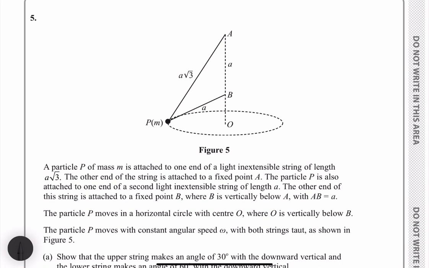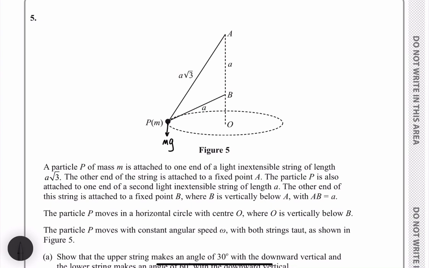Question 5. A particle P of mass m, let me put the weight on straight away, mg, is attached to one end of a light inextensible string of length a root 3, the other end attached at point A. It's also attached to the end of a second light inextensible string of length a, and the other end attached to point B. So we've got two separate strings.